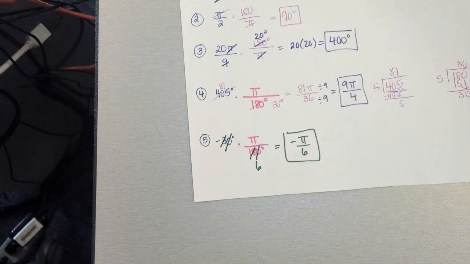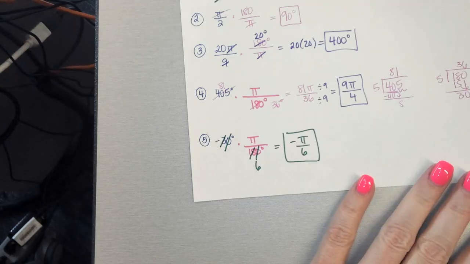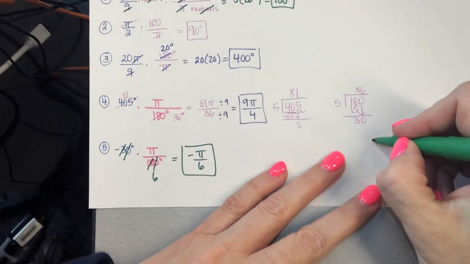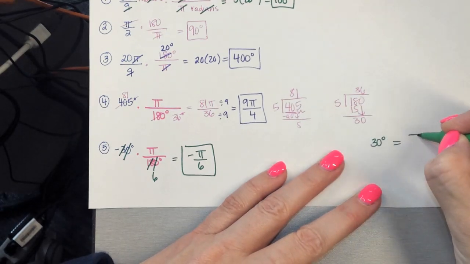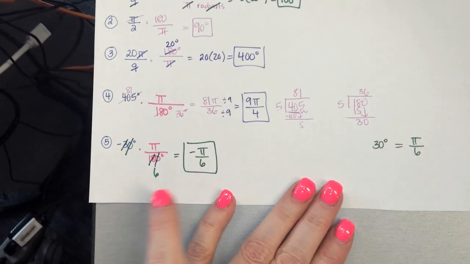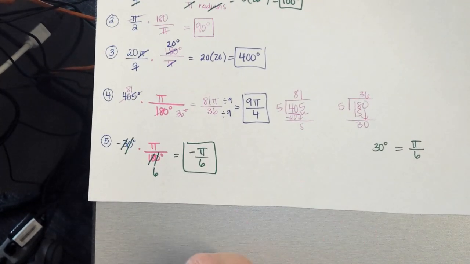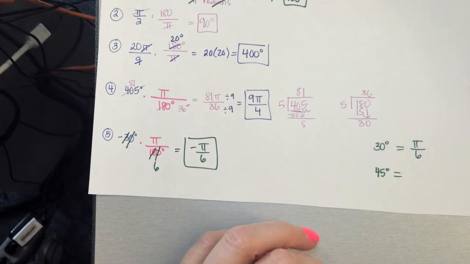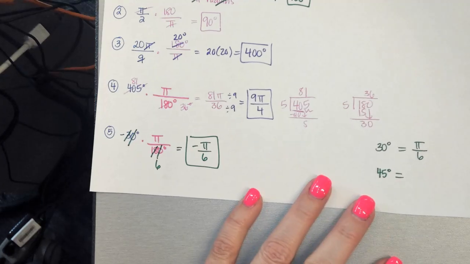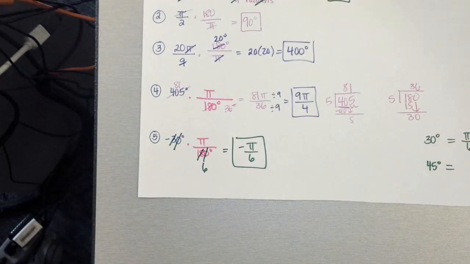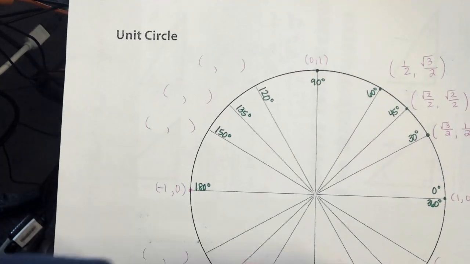Okay, so when you are thinking about your first quadrant, if you have 30 degrees, that's going to be pi over 6. The reason why is 30 out of 180 is 1/6 of the circle. So for 45 degrees, how many 45-degree angles fit in the top half of your circle here? 4.